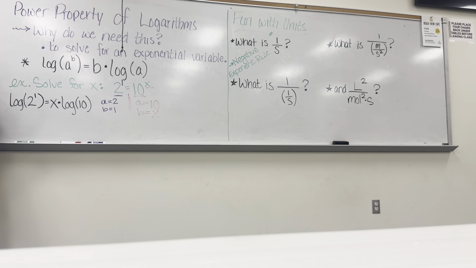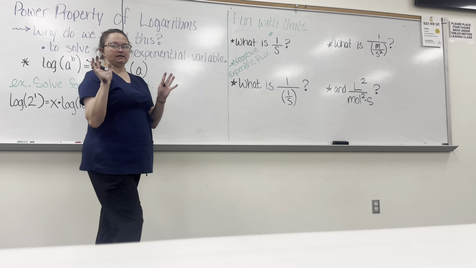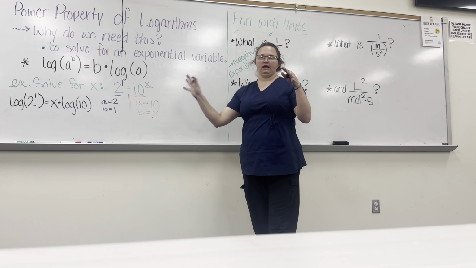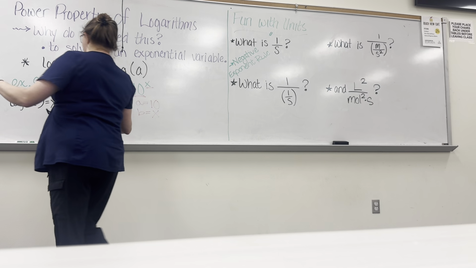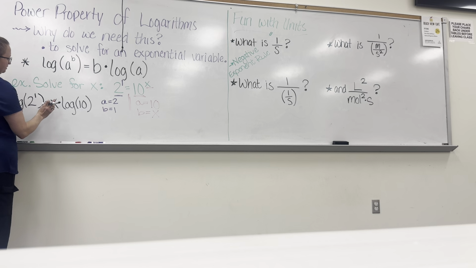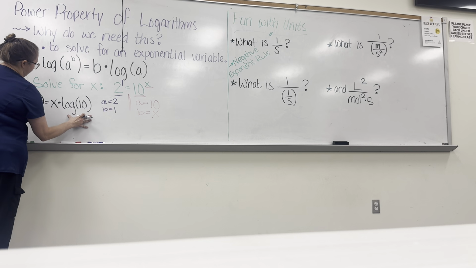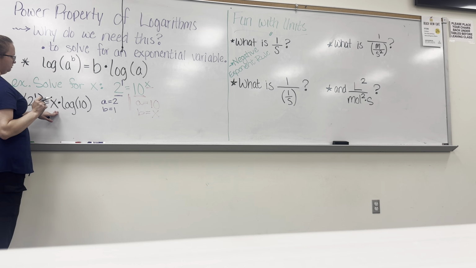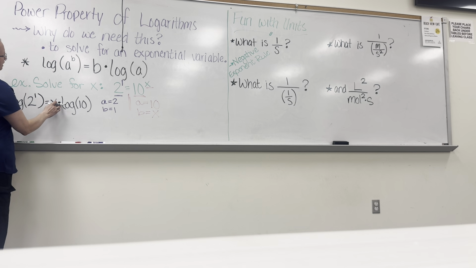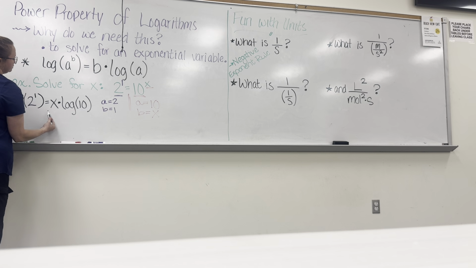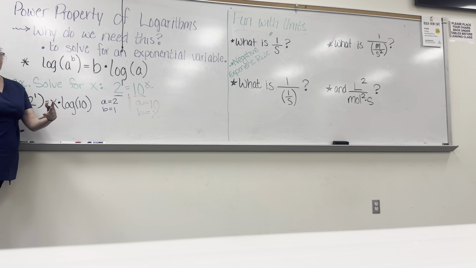Now, just like our previous lesson, we're going to solve an equation for our variable x. So we have something equals x multiplied by something. We want to get x all alone. This is multiplication. To get x all alone, you do the opposite of multiplication. What is that? You divide.